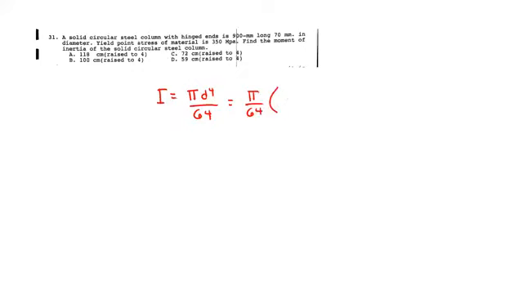Our diameter is 70 mm times 1 cm per 10 mm, raised to 4. The answer we get here is 118 cm raised to 4. Letter A. The next, 32.